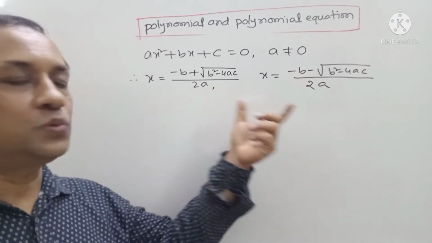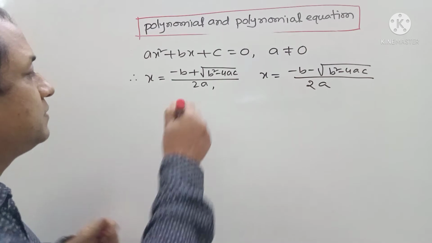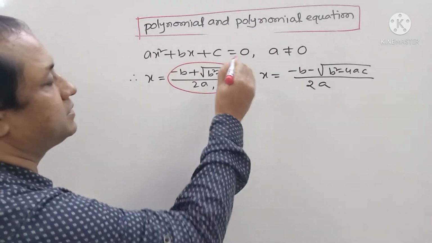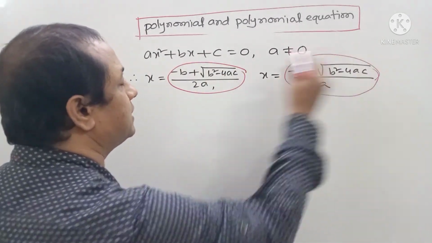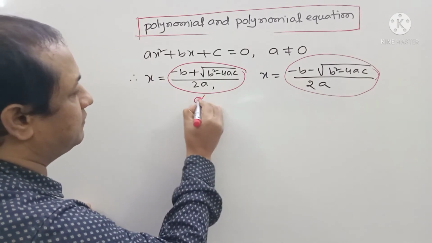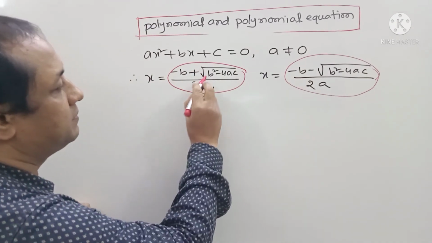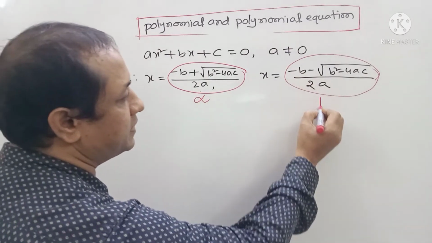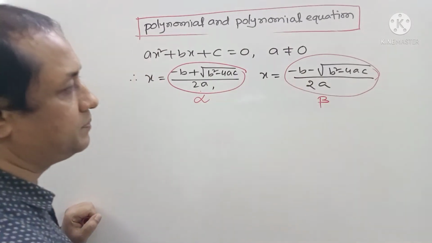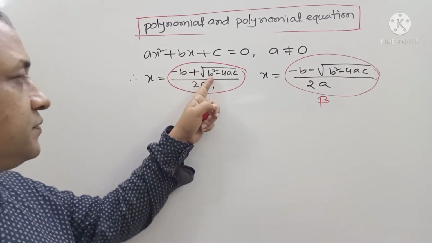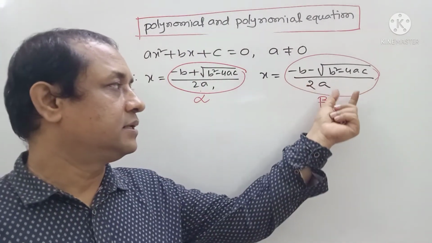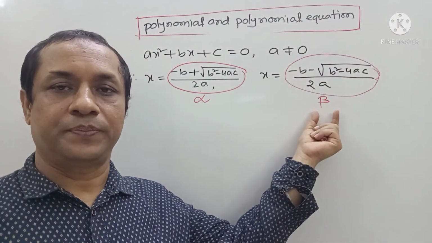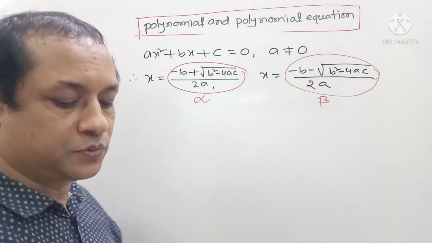So here are two roots of the equation, the values of the variable. Let one value be alpha and let the other value be beta. Now the sum of two roots.